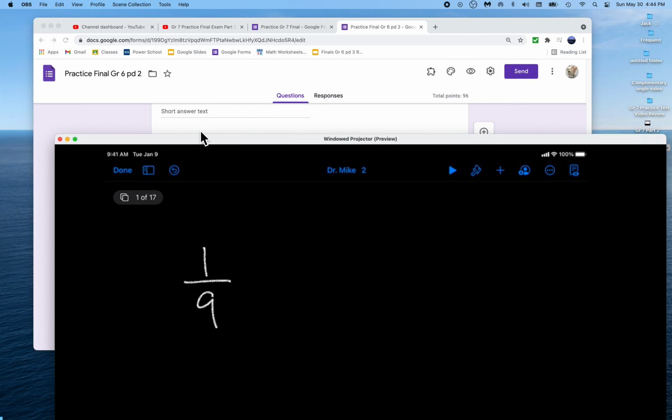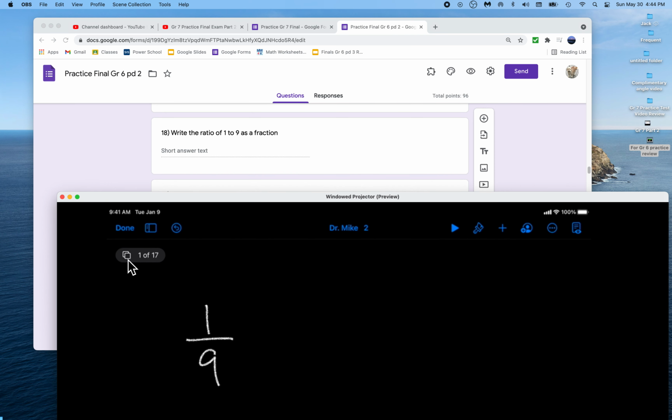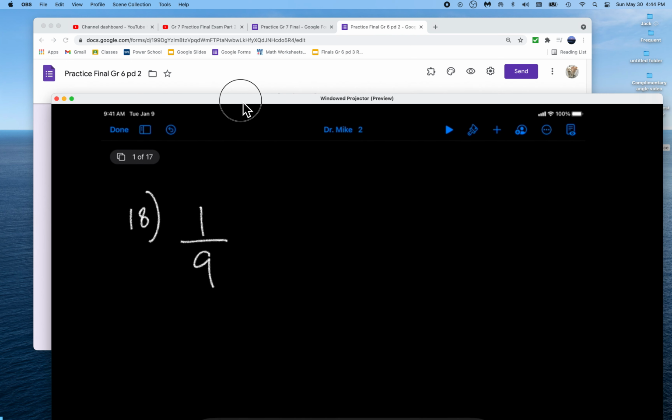Next one. Oh, for your short answers, folks, if you'd be kind enough to put the number next to your answer. So if you were writing this as a short answer, if you could just do that for me. You don't have to show your work. I'm not going to take points off if you do not show your work. However, if you get an incorrect answer and you show work, more than likely I'll give you partial credit.